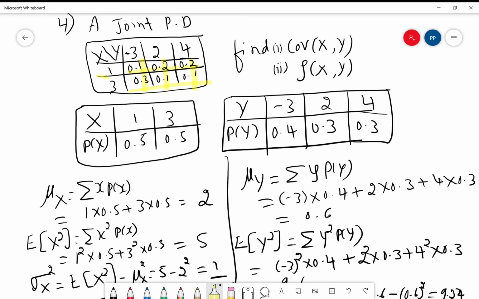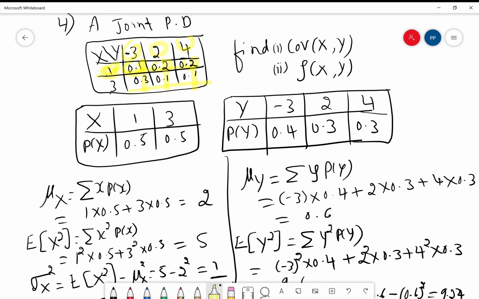Take the first value of x, multiply with value of y and the corresponding probability, plus in the same way this value into this value into this value, plus this value into this value into this value. That means take a value of x, multiply with each value of y, and in the same term multiply the corresponding probability.